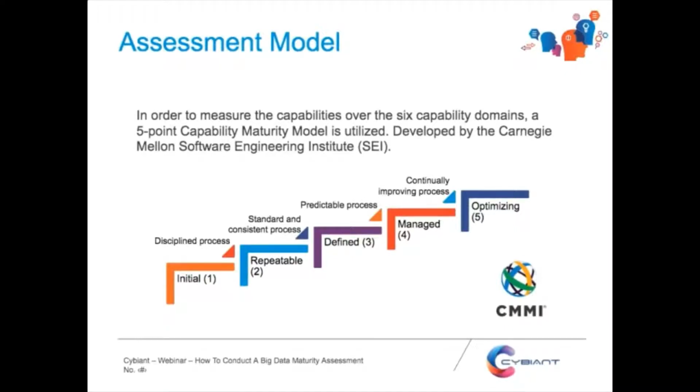You first start at an initial level. An initial level means that you know that you need to do something with big data, but you're not quite sure which particular processes and what particular architecture you need. So within that initial step, we start to define what is necessary to achieve the results.